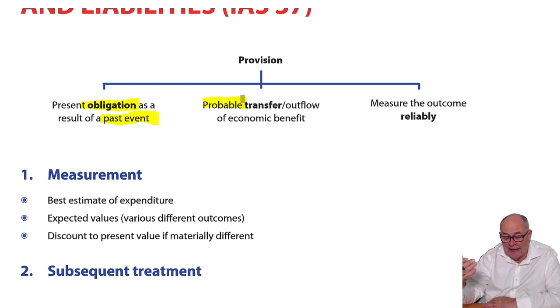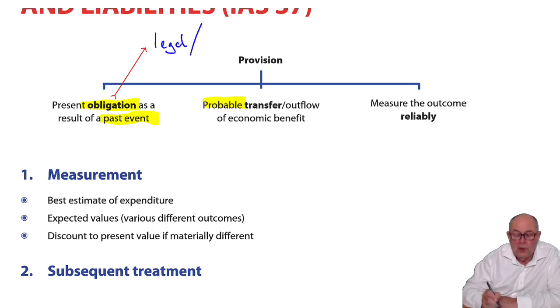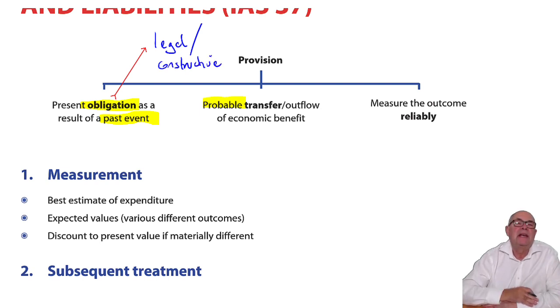And effectively, again, we talk about the obligation either arising by law, that's a legal obligation, or from past practice, that's a constructive obligation. So if I've got a policy of cleaning up environmental damage, and I always do, that's a constructive obligation.